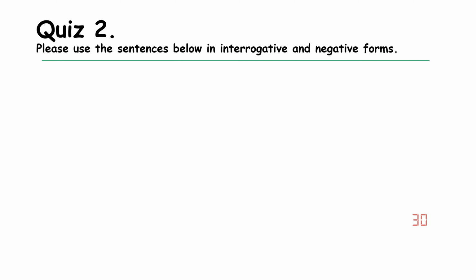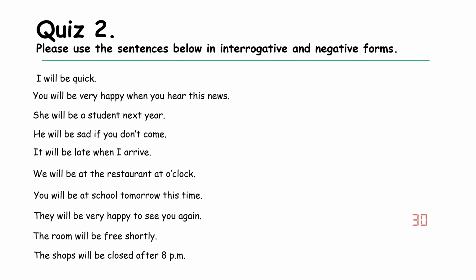Now, for quiz 2, I would like you to use the sentences given on the screen, both in interrogative and negative forms. You have 30 seconds to prepare your answers.